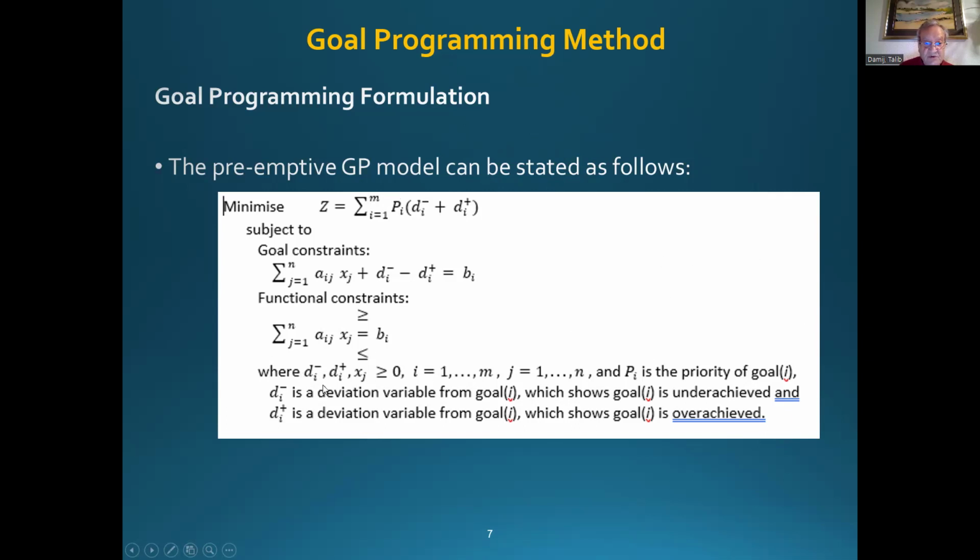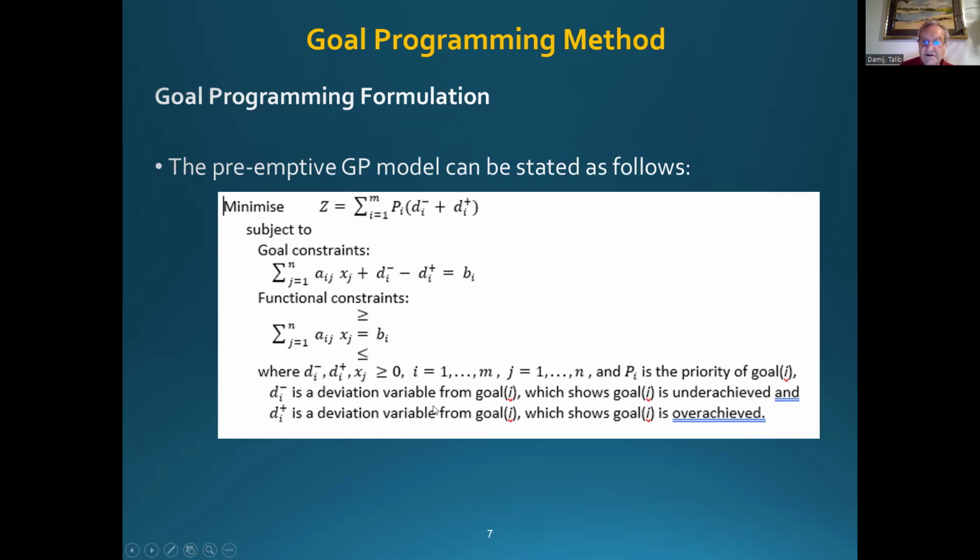Variables, as you see, we have Pi, which means the priority of goal i, and 2 deviational variables, di minus and di plus.